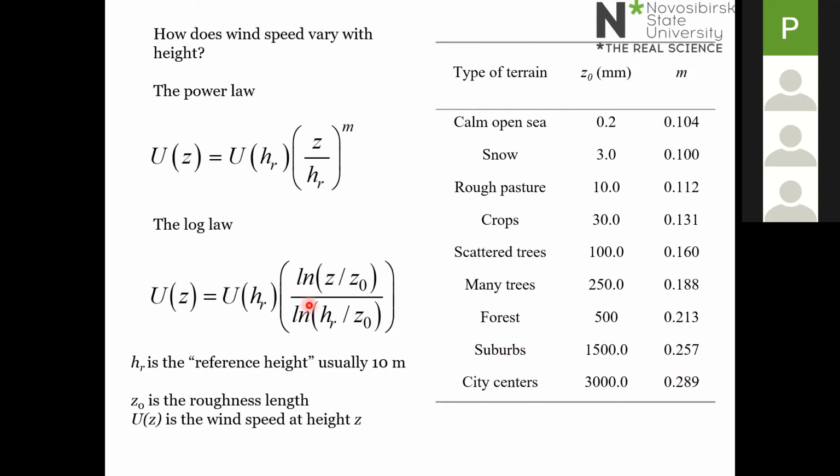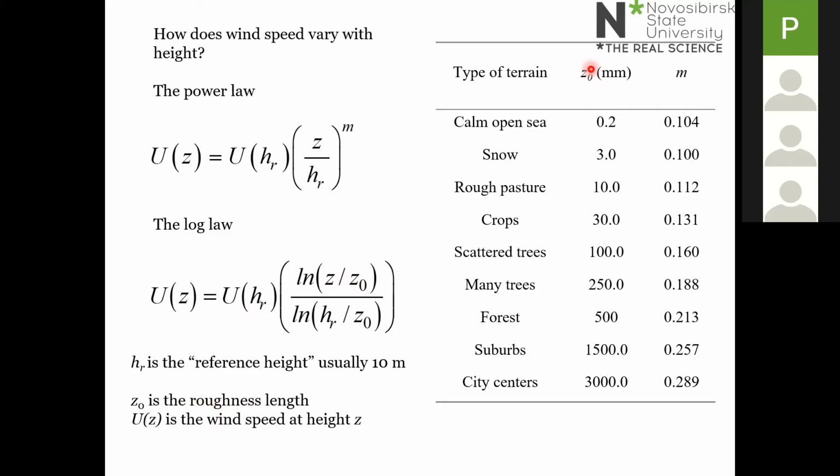There's an alternative called the log law, which is actually theoretically more justified than the power law, because the log law can actually be derived from the time average Navier-Stokes equations that describe neutrally buoyant flow. But it's slightly more complicated to use, and it involves what's called the roughness length, stated here.